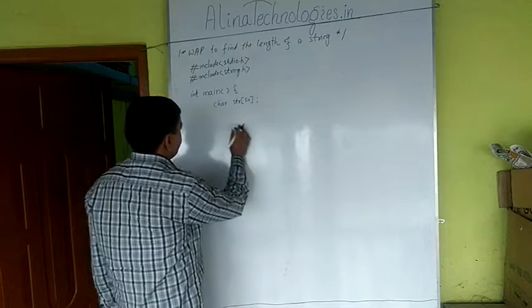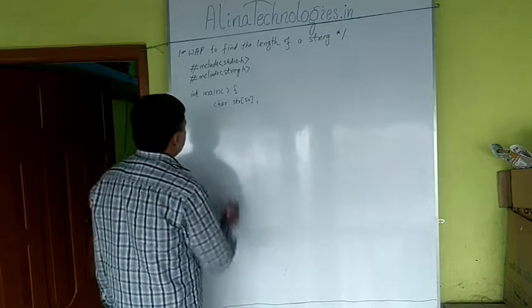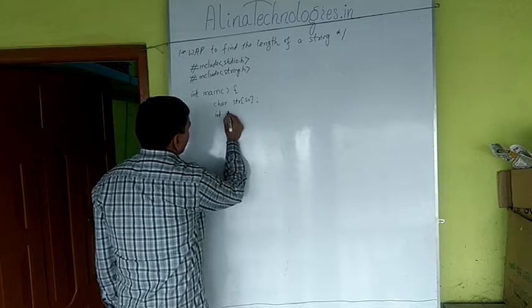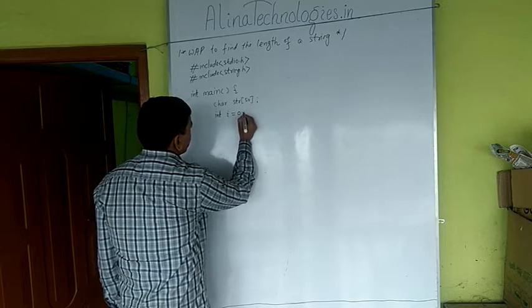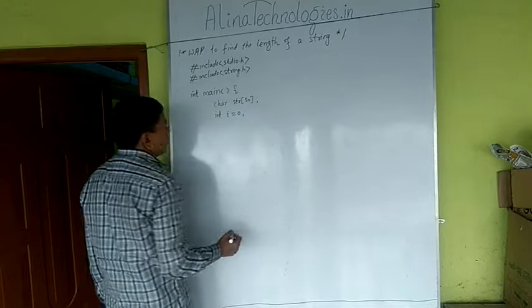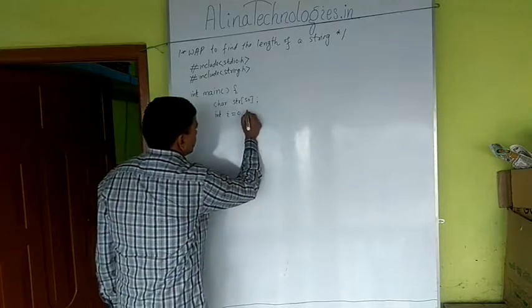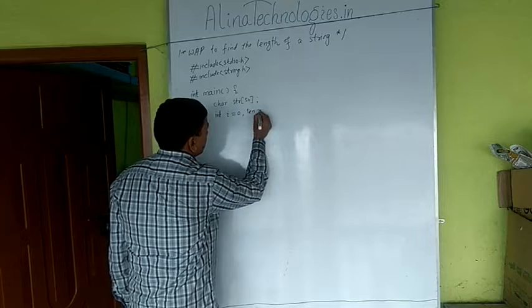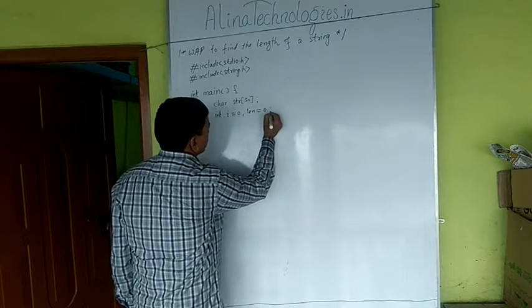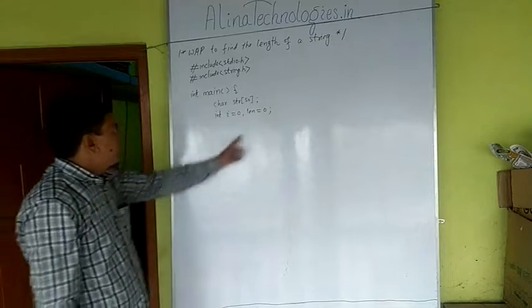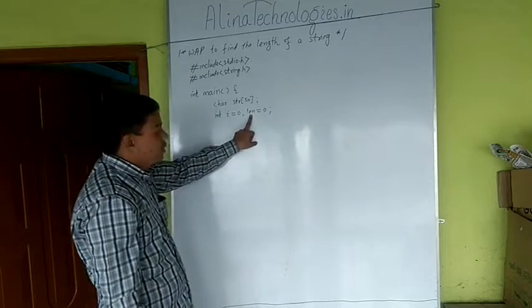Now, int i equal to 0 for indexing, and int len equal to 0. Initially the length of the string will be 0. i is for indexing and len for the length of the string.